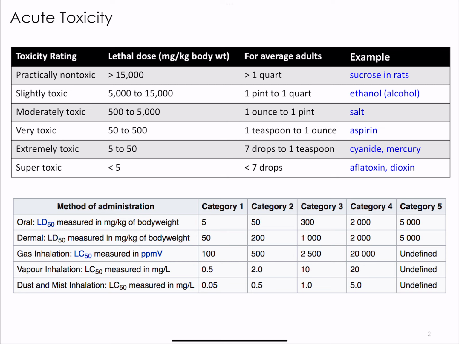And if the LD50 through oral exposure is less than 5 milligram per kilogram body weight, then it is considered as super toxic.